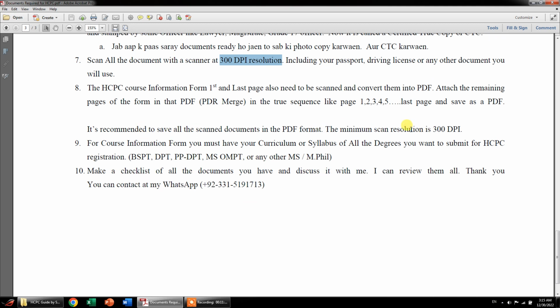Again, I must say that the scanning resolution should be at least 300 dpi, and for the course information form you must have your curriculum or syllabus for all the degrees that you are trying to apply for.